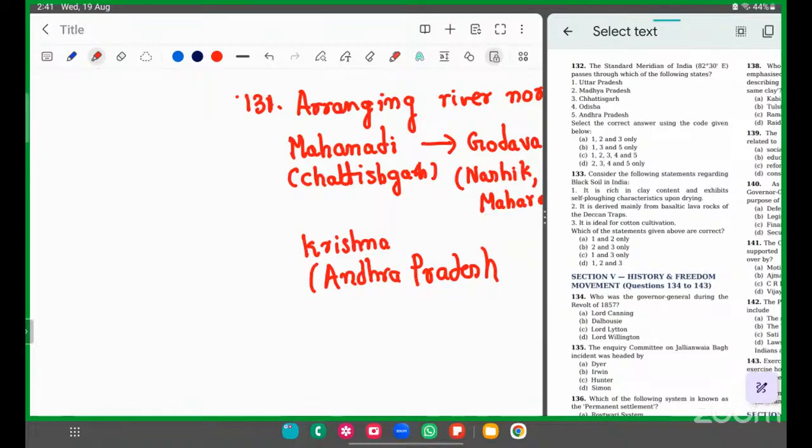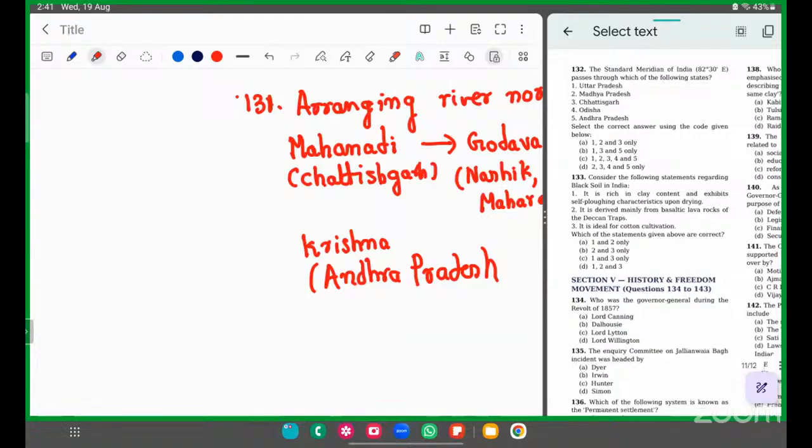It's actually a time zone. Meridians are lines which divide the regions into time zones. So there is an 82 degree vertical line, we divide India's time zone.